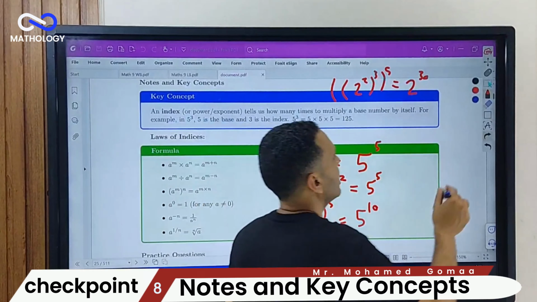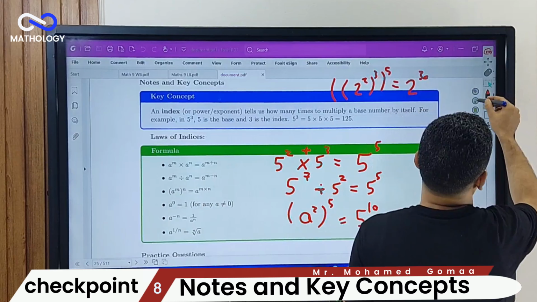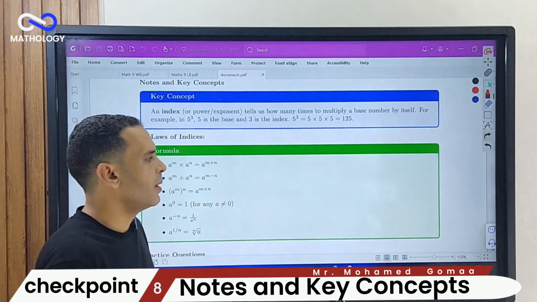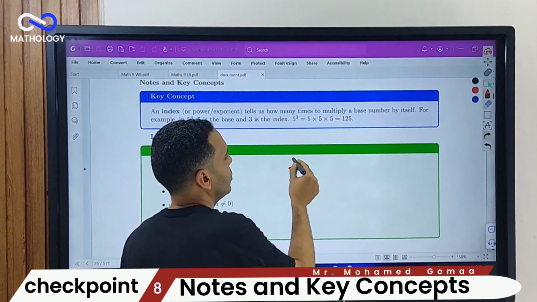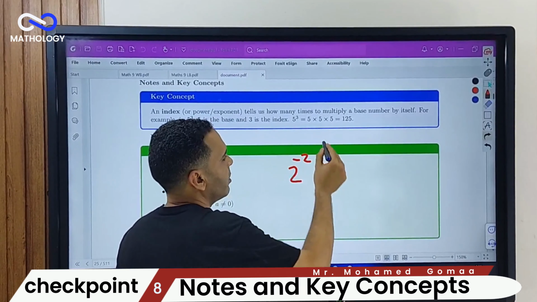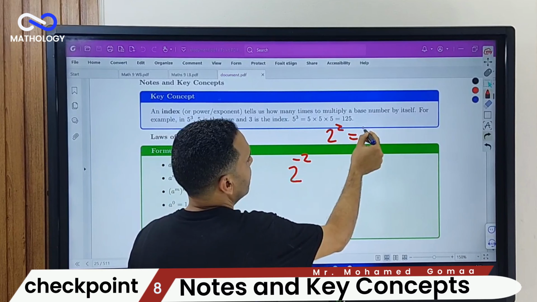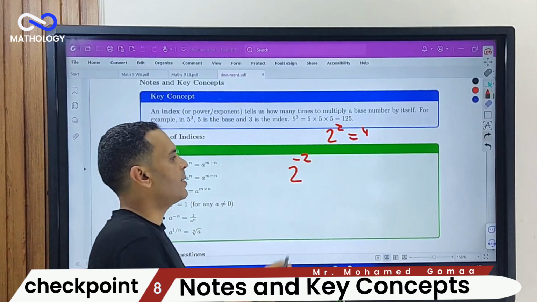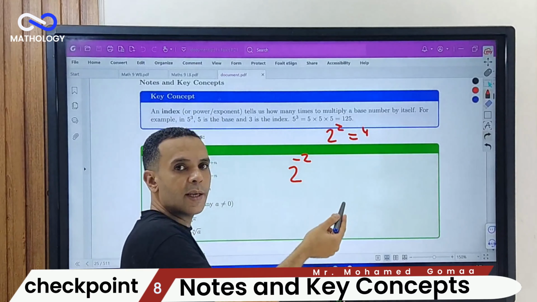What about the negative power? Does negative power mean a negative result, like 2 to power negative 2? You know that 2 power 2 equals 4 because 2 multiplied by 2 equals 4. Is 2 power negative 2 equal to negative 4?